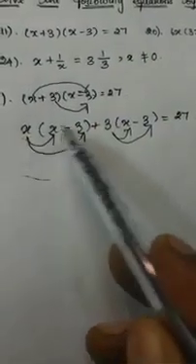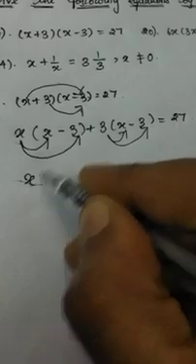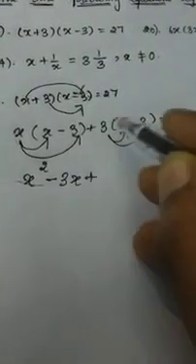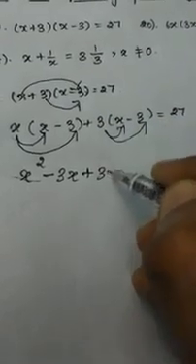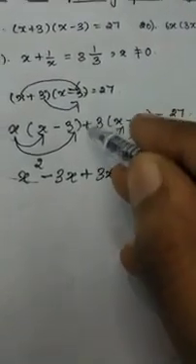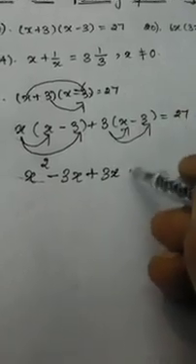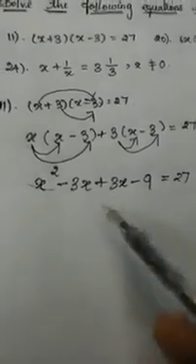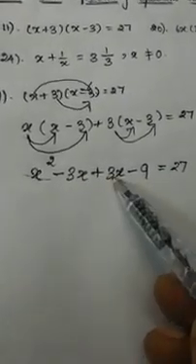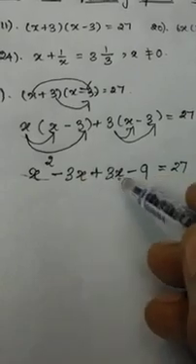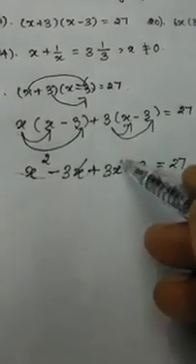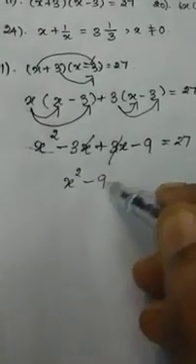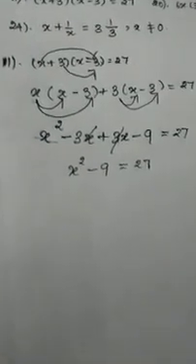So x into x is x square, minus 3 into x is 3x, and here 3 into x is 3x, and 3 threes: here plus and here minus, so plus into minus, minus 3 threes are 9, is equal to 27. Look here, minus 3x and plus 3x are the same terms with alternate signs, so they get cancelled and become 0. The remaining terms we have are x square minus 9 is equal to 27.